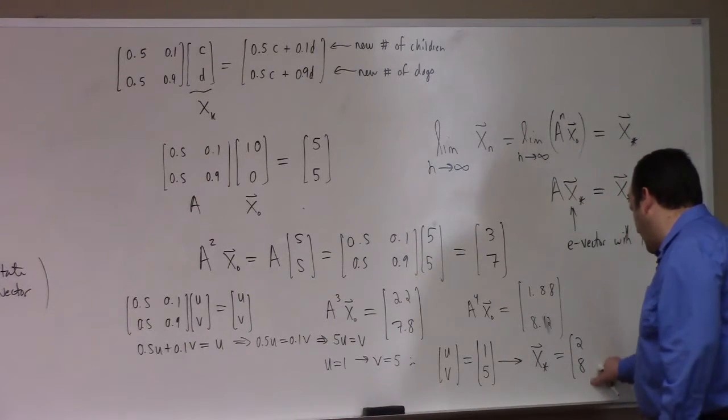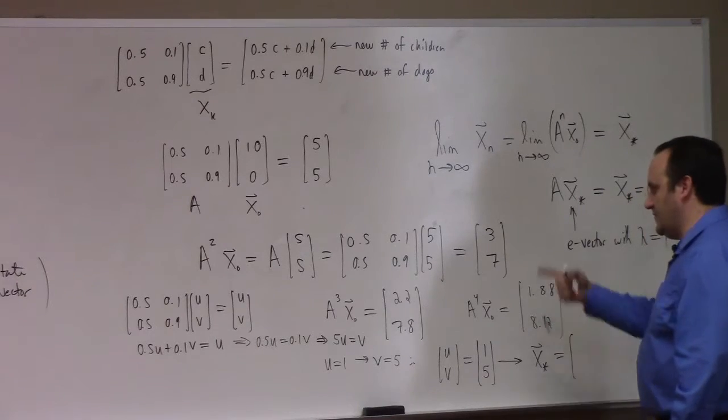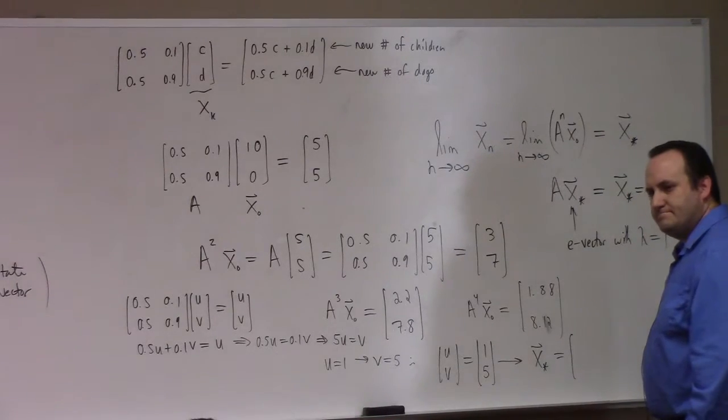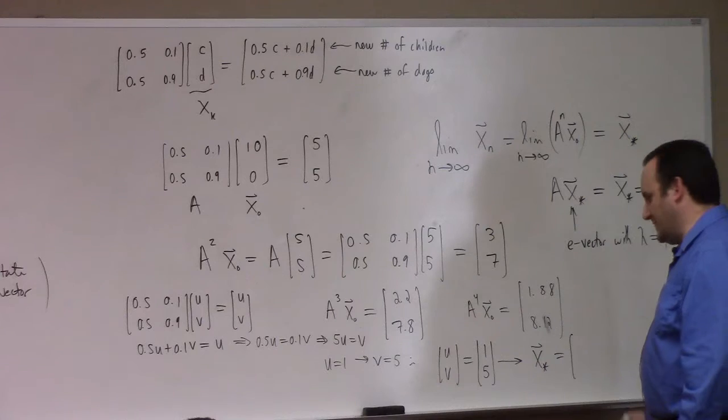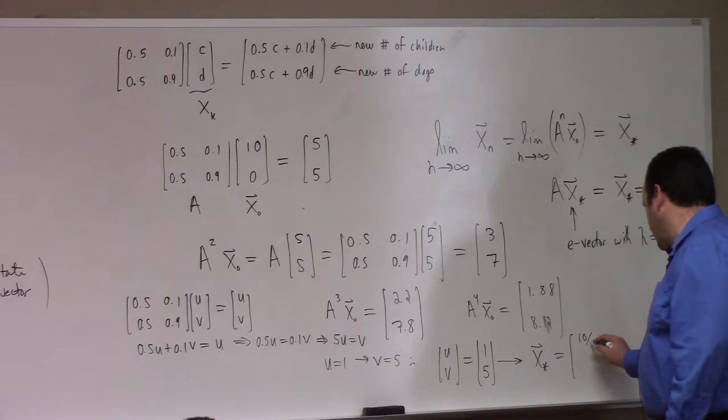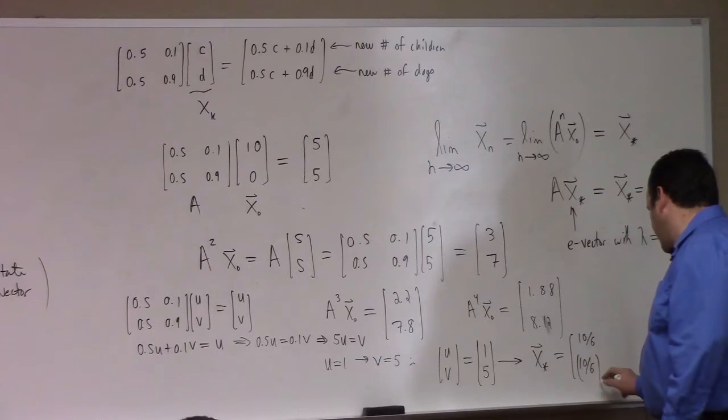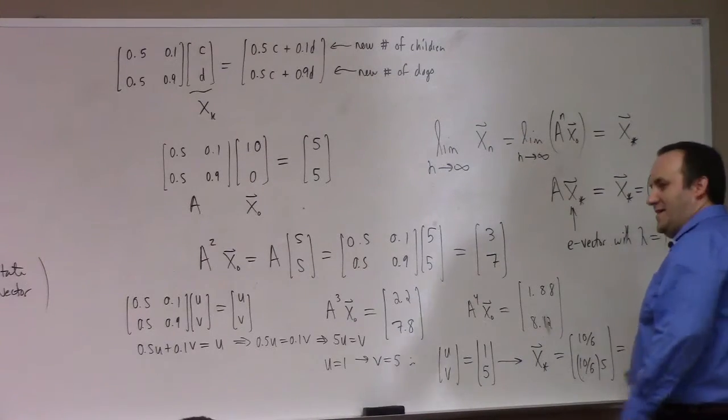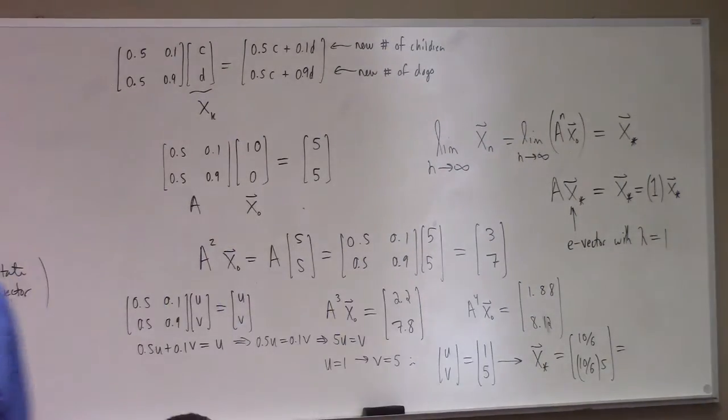Oh man, now I got to think about this. What do we need to multiply that by to get a sum of 10? The sum should be 10, right? So 10 over 6, right? And 10 over 6 times 5, I'm sorry, I got to fix that. What is that?